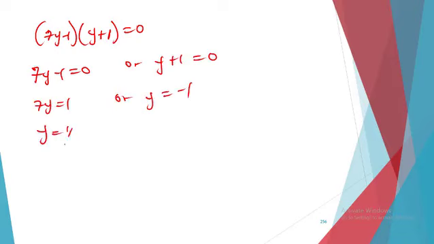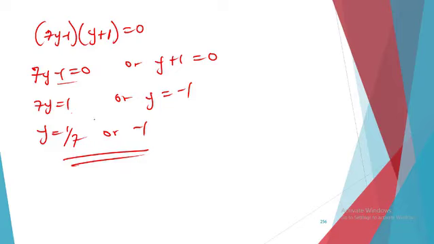Y is equal to 1 over 7, or minus 1. We know how we got that, right? 1 crossing the equality sign became minus 1, right? This minus 1 crossing the equality sign became a positive 1. So we've gotten the two values of y to be minus 1 and 1 over 7.